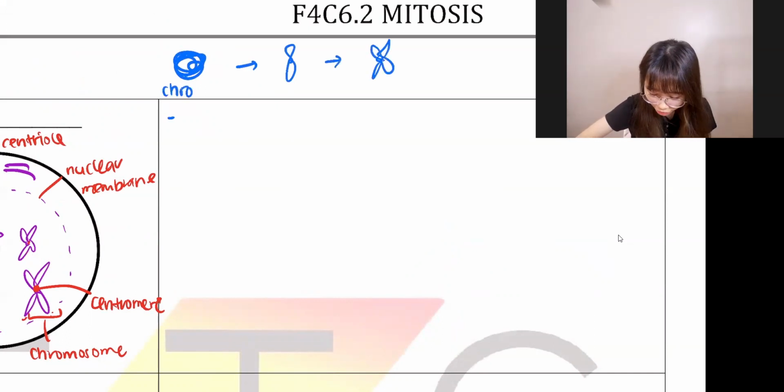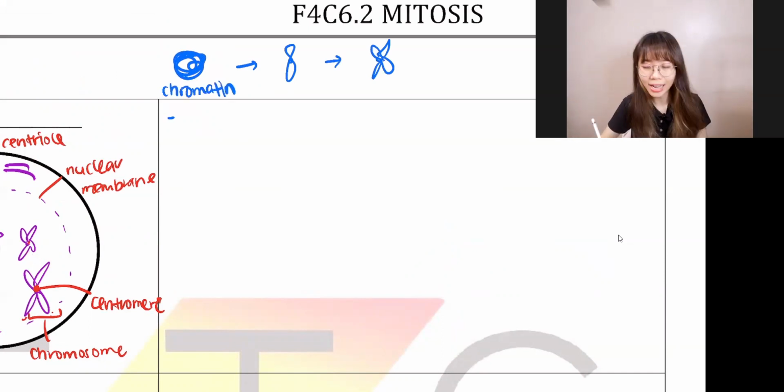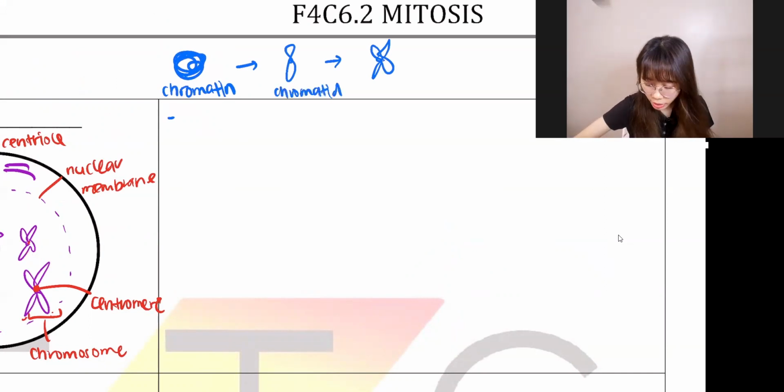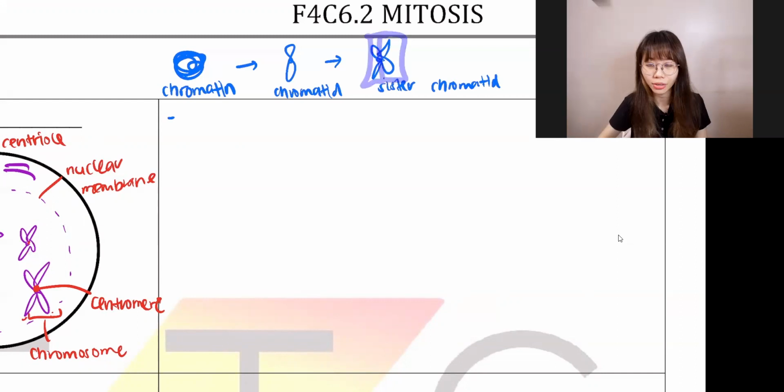Chromatin is a fine thread. This chromatin is so fine that we can't even see it under the microscope. They are not visible under the microscope, and they will form into a chromatid. They will form into a sister chromatid, also known as the chromosome. Sister chromatid must be the one on the left side, the same as the one on the right side. This part here should be the same as this one here, called sister chromatid.